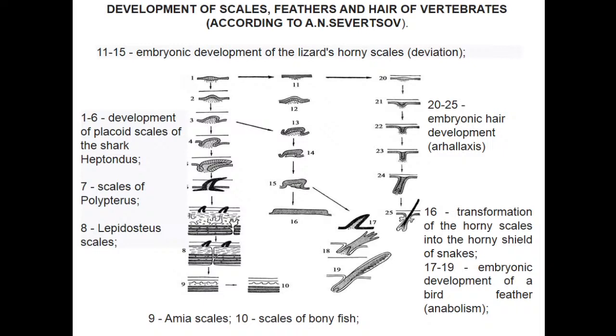The next picture again shows the development of skulls, feathers and hair of vertebrates. From the first to the 25th position you can see, read and understand what happens in evolution with different parts and characters of embryonic development.